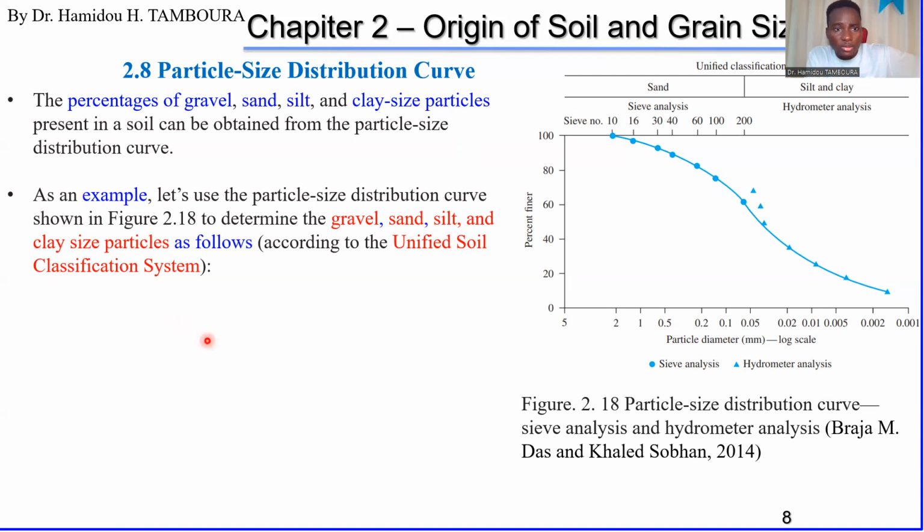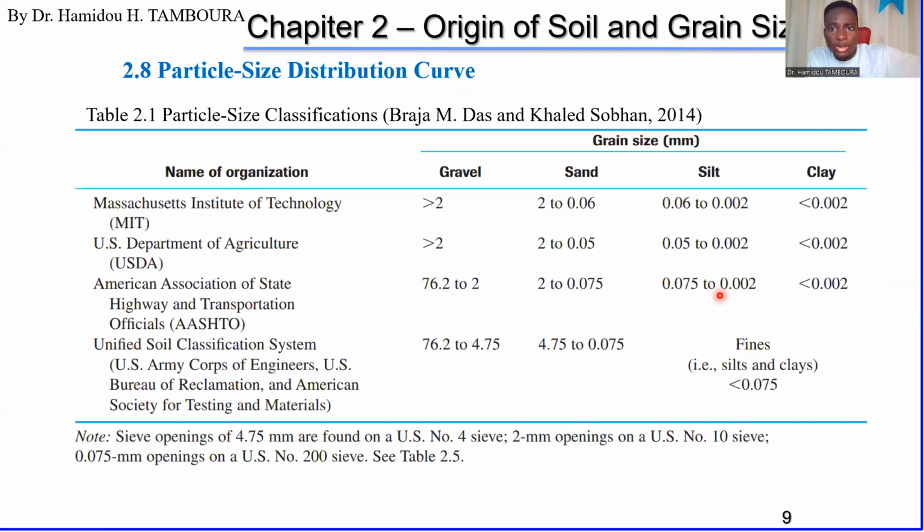So we want to use that system to find the percentage of gravel, sand, and silt in this soil sample. Just as a reminder, I will put this table here.